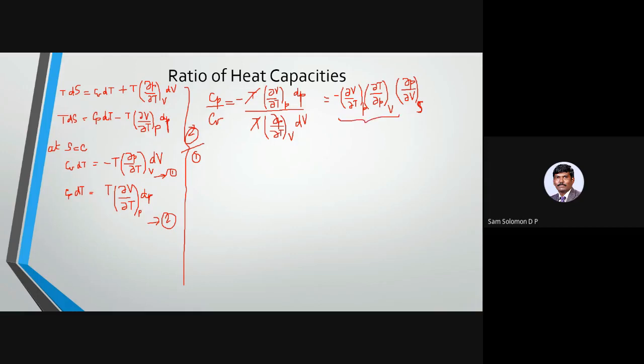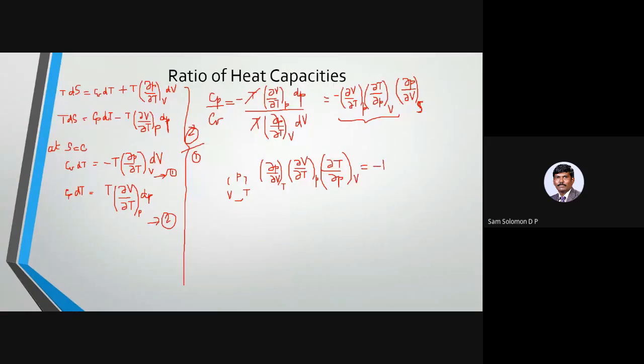Okay. So what we have here is, now we have got these two terms. And if we remember, which we did before for PVT, so if you can write that equation, partial P by partial V at constant T multiplied by partial V by partial T at constant P multiplied by partial T by partial P at constant V, that is equal to minus 1.